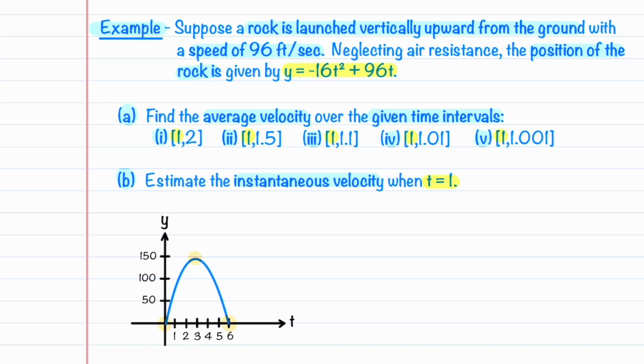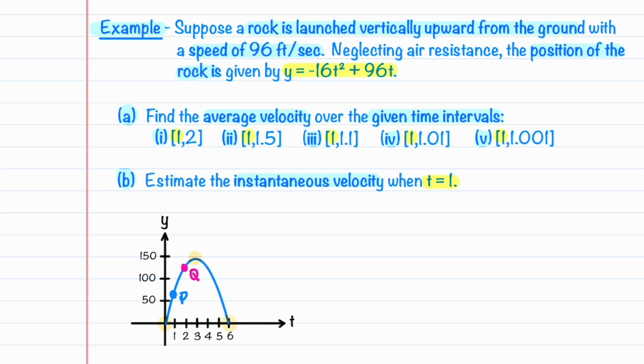We're going to place our point P when t is equal to 1, so that's right here. And then if we look at our time intervals, our first interval goes from 2 to 1 all the way down to our last interval, which goes from 1.001 to 1. So let's go ahead and put point Q on our graph, and we'll put it when t is equal to 2, because that's our first interval.